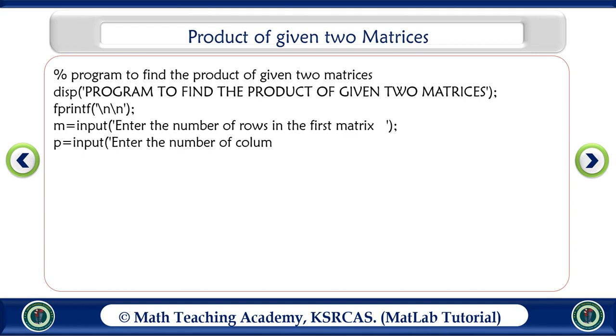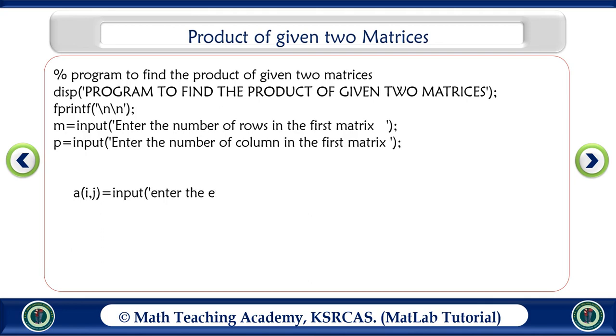And then p is equal to input 'enter the number of columns in the first matrix'. This command will display the text enter the number of columns in the first matrix on the screen and wait for the user to enter another numeric value, and it will be stored in the variable named p. Now we are going to get the input of the elements of the matrix.